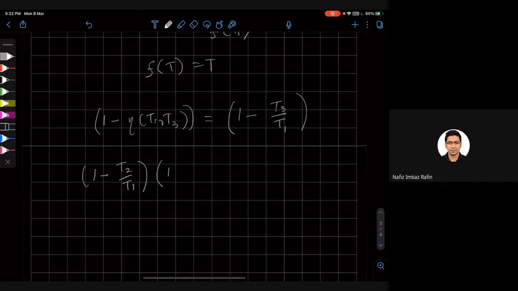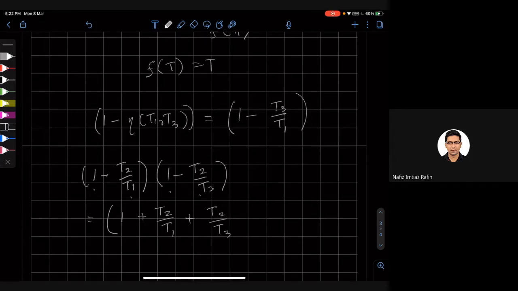And here this should be 1 minus T2 by T3. And then the first term is 1, and then we have minus T2 by T1, and then this is plus, right? Because this is this times this, and then we have this times this, which is plus T2 by T3.